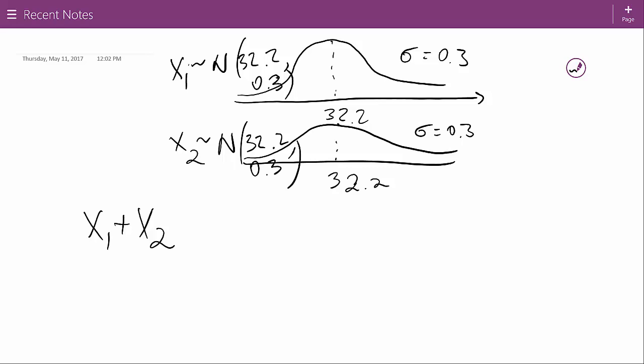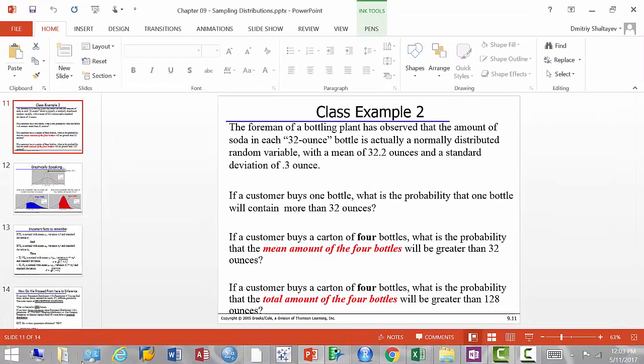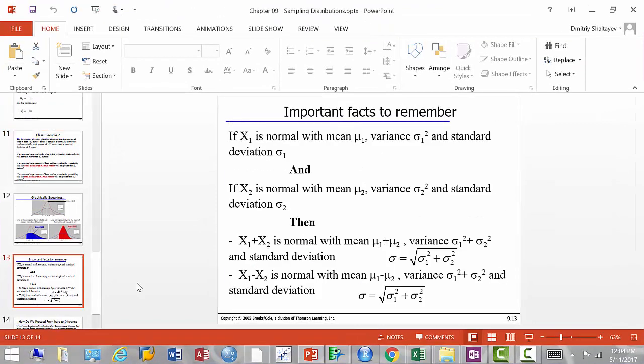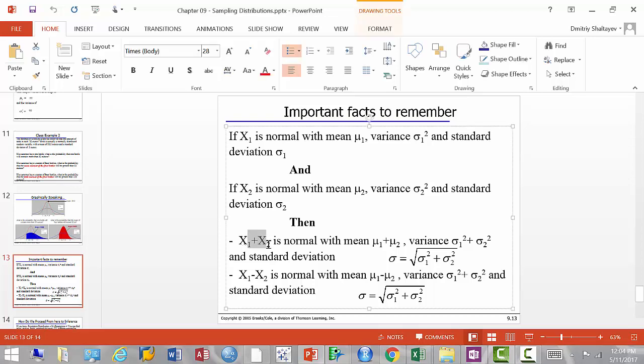Here is the golden rule, ladies and gentlemen, of statistics. If x1 is normally distributed with some mean and some standard deviation or variance, and x2 is another variable which is normally distributed with some other mean, or the same, doesn't matter, and some other standard deviation, then if you add the two variables together, the result, x1 plus x2, is also going to be distributed normally.